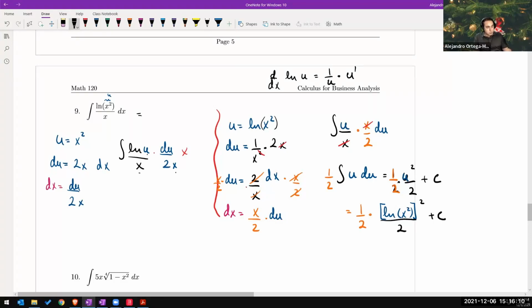Okay, so this one here is probably the weirdest one. But again, it's a matter of testing u's to see which one actually cancels things out.